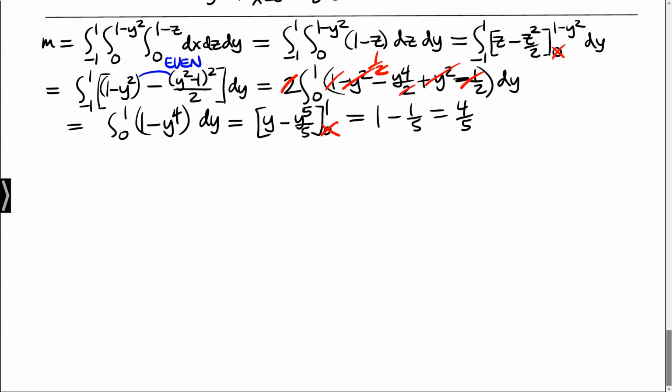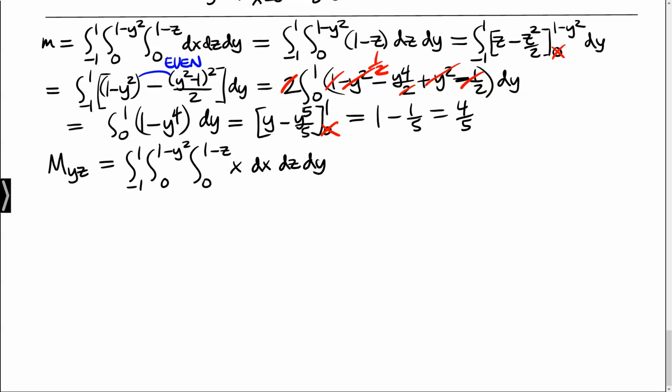How much room? I think we have enough room here if I write small. So let's look at the moment about the yz. Okay, so this is going to be the integral from minus 1 to 1, 0 to 1 minus y squared, 0 to 1 minus z. Now we're integrating x, dx, dz, dy.